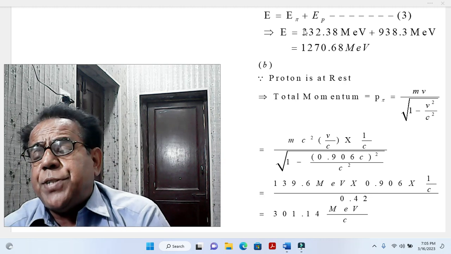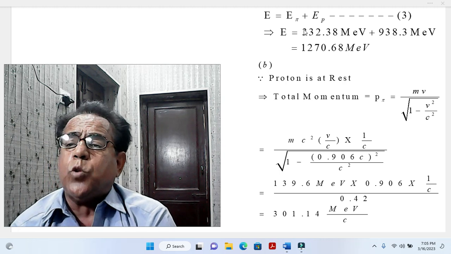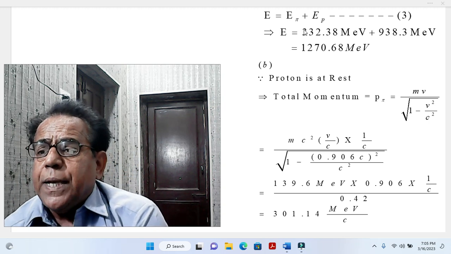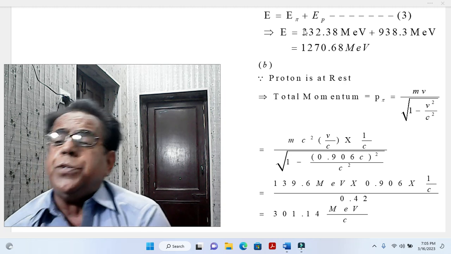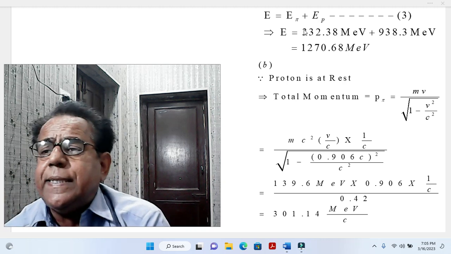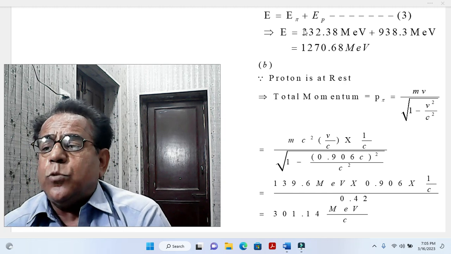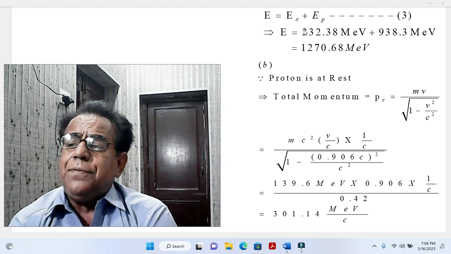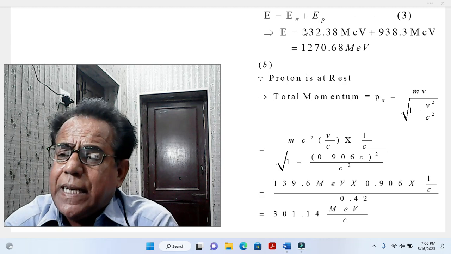Now we are in a position to put the value 139.6 million electron volt in place of mc square, and in place of v over c we can use the value 0.906, because v is equal to 0.906 c, and c will cancel out with c. We get v over c as 0.906 multiplied by 1 over c. This other c we have not disturbed; it is still existing in the same position.